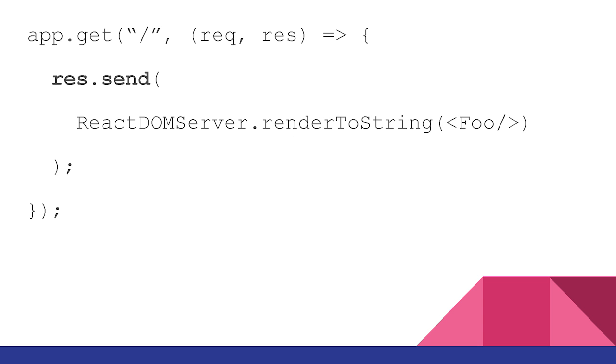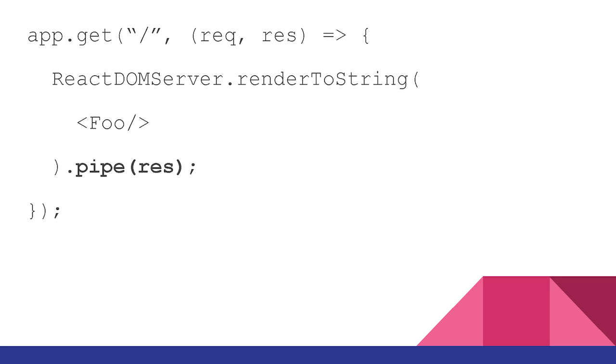This would be an express route where res.send wants to take in a string. Instead, you just pipe it out to the response, because in express, responses are streams. It's a little more complicated than this, because you probably want to put HTML and body tags around it, and so you have to tell it not to end the stream. But this is basically what it looks like.